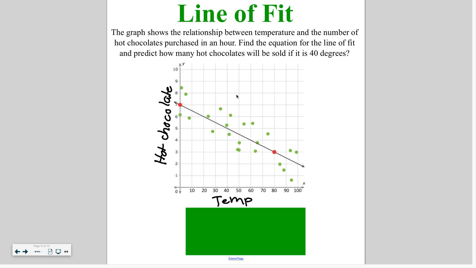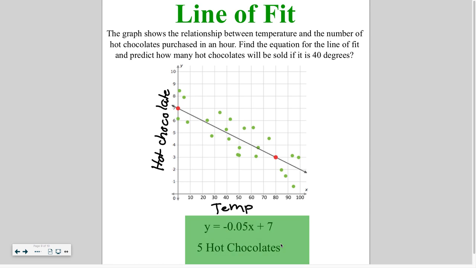So what we want you to do here is use that line, including the 2 points that are already given to you, to find the equation for that line of best fit and then predict the number of hot chocolates sold if it is 40 degrees. So your equation should have been y is equal to negative 0.05x plus 7, and your answer should have been 5 hot chocolates at 40 degrees.